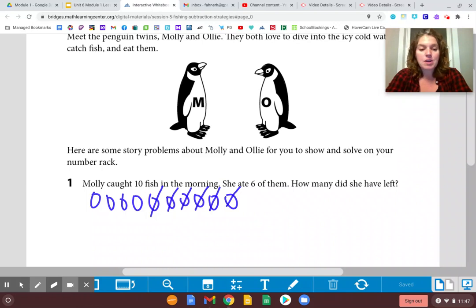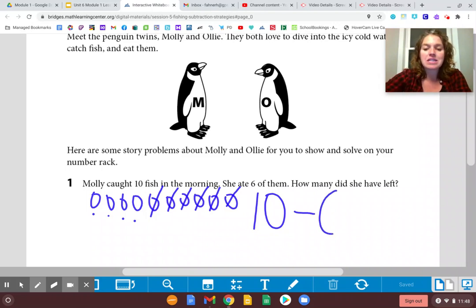Well, let's take a look at our picture. How many are still there? We have 1, 2, 3, 4. So my picture shows that we started with 10, so I'm going to write 10. She ate 6 of them, so that's going to be a takeaway, a minus, a subtraction sign. 10 minus 6, and then we have our equals.